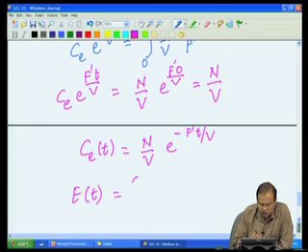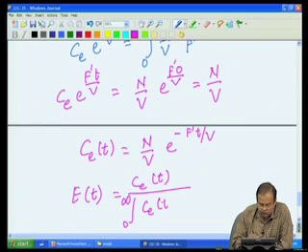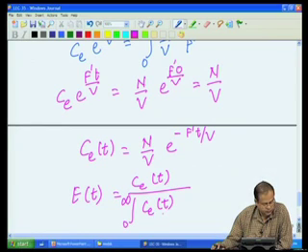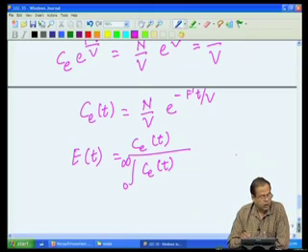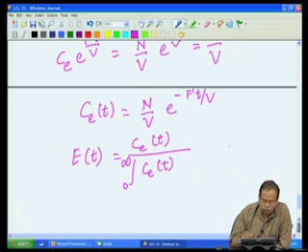E of t is nothing but C e of t divided by integral 0 to infinity C e of t dt.